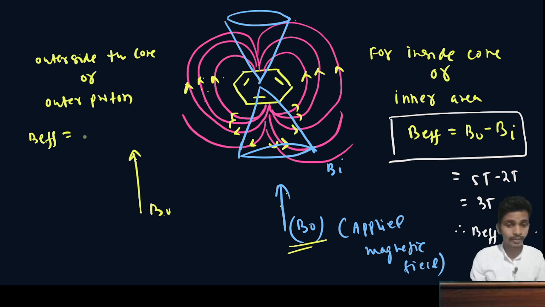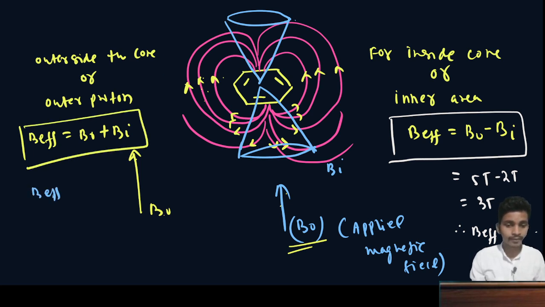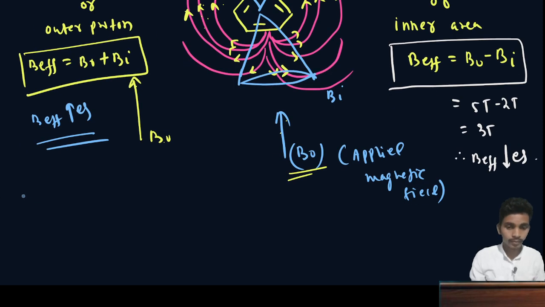It means here B naught plus Bi. It means here B effective increases, and we know that B effective is directly proportional to the chemical shift.